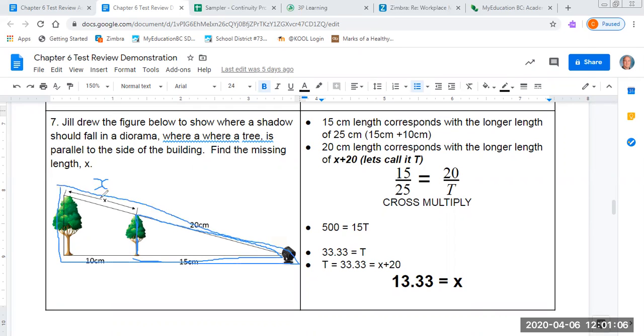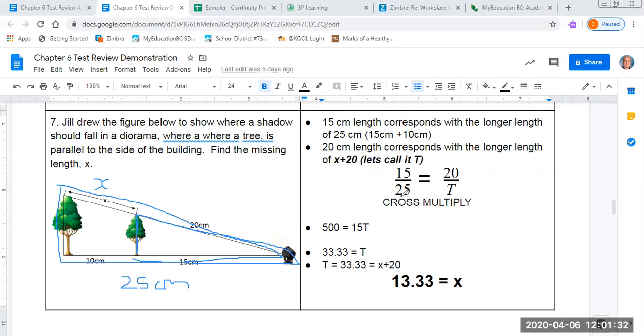The shorter triangle has side lengths of 20 and 15, and then collectively the 10 and the 15 make a side length for this of 25 centimeters. Now what we're trying to figure out is what 20 plus this X is going to be. So what is this part here that collectively would add up to this?